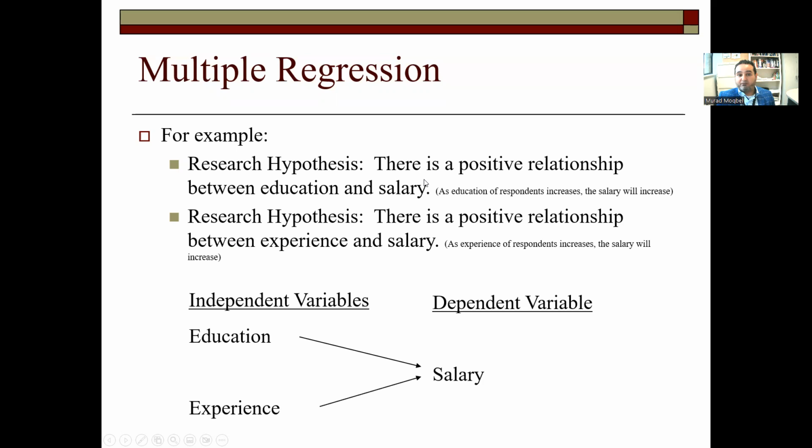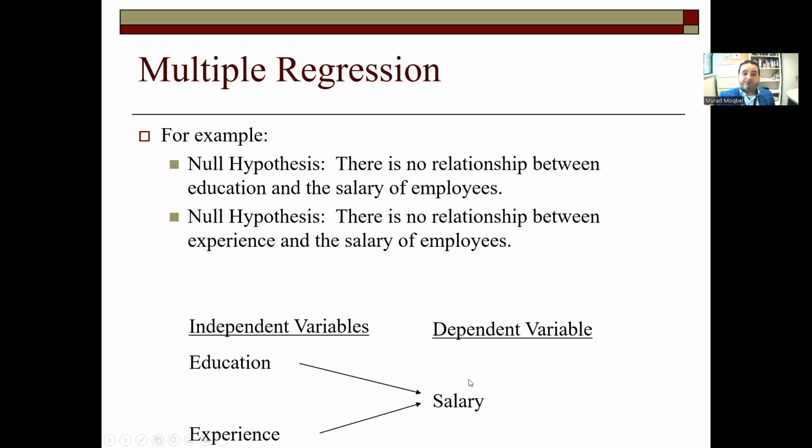If it is supported or not by the data that we have. So there is a positive relationship between education and salary, right? That means as education of the respondents increases, the salary will increase. Same thing here, another hypothesis: there is a positive relationship between experience and salary. So let's test this relationship between education and experience as independent variables and salary.